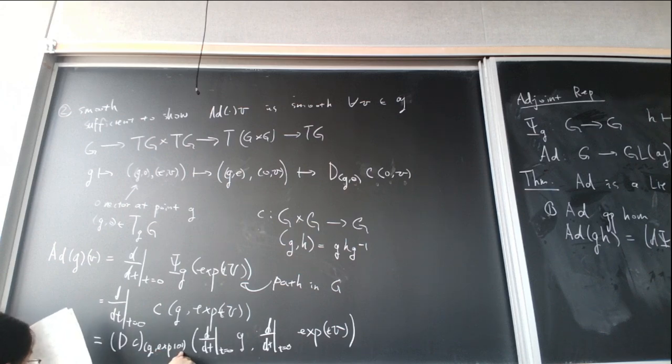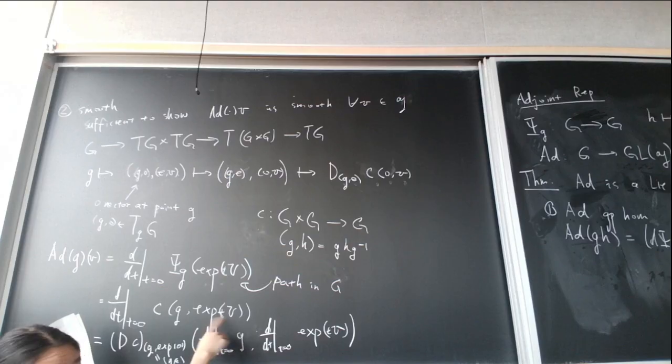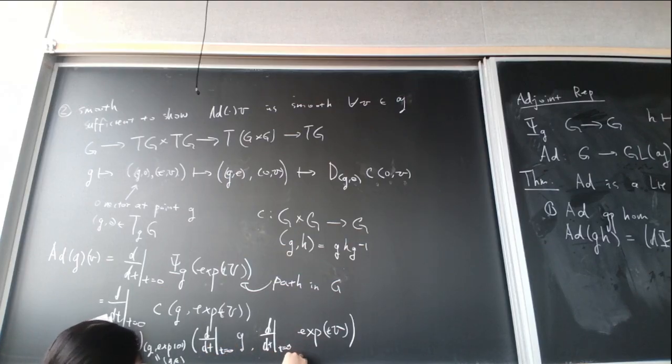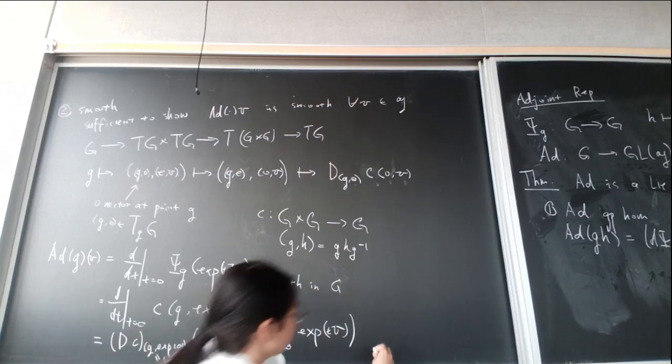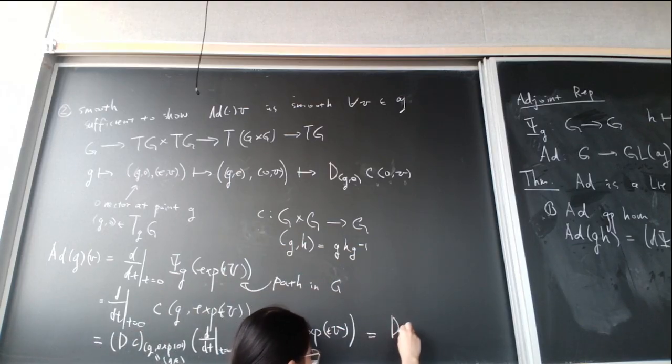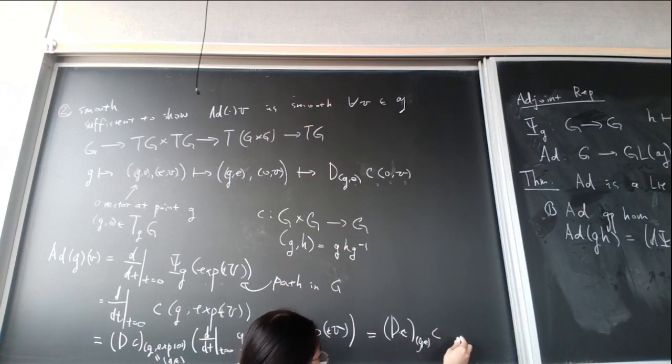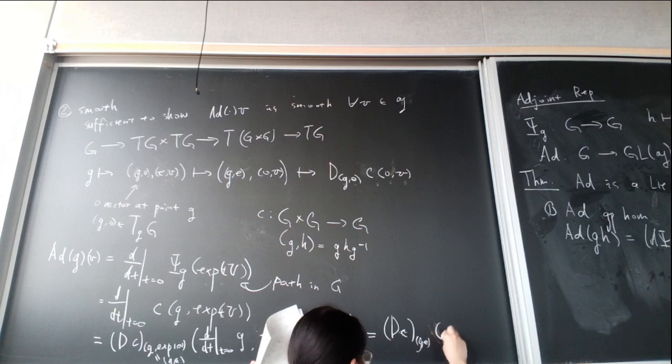And notice that exp of 0 is just E, so this is the derivative of C at G, comma E. And this is 0 because G is a constant. And this is equal to V by definition. So this is equal to the derivative of C at G, comma E, applied to 0, V.